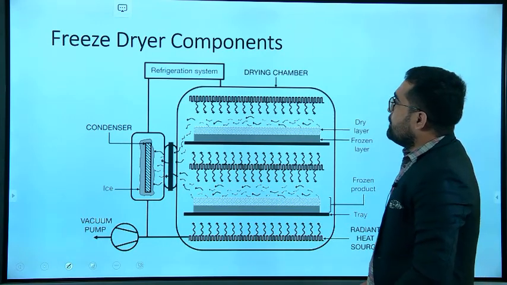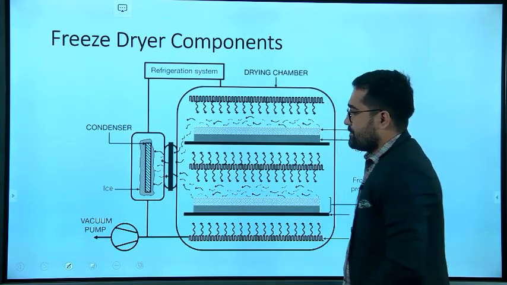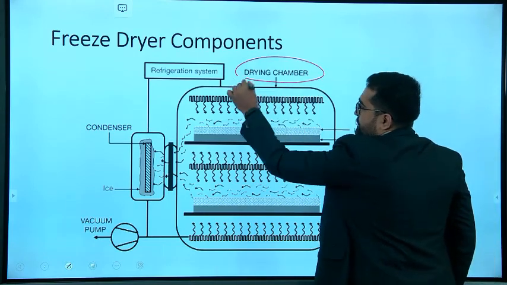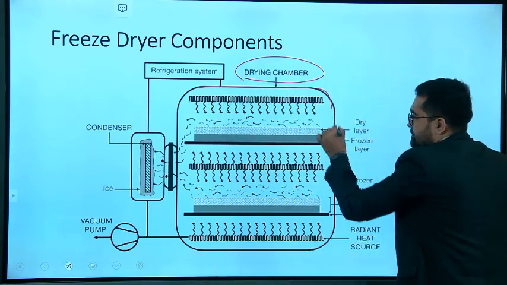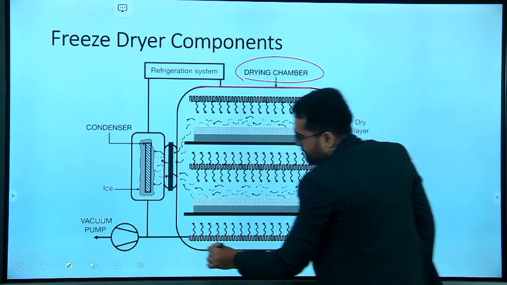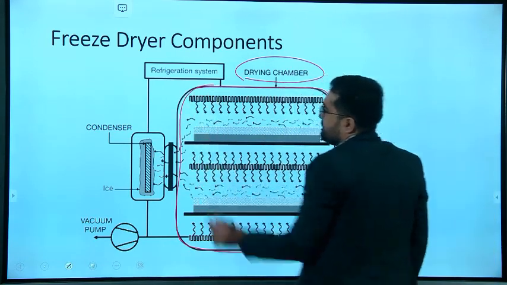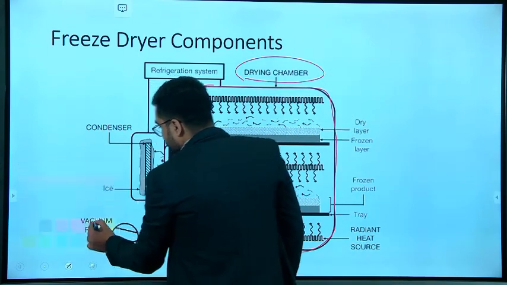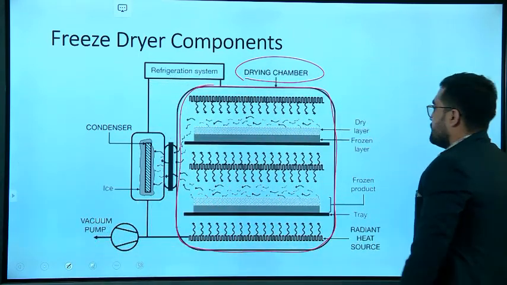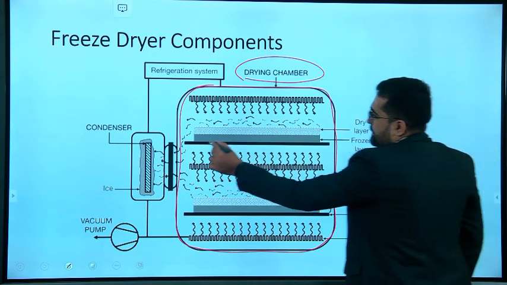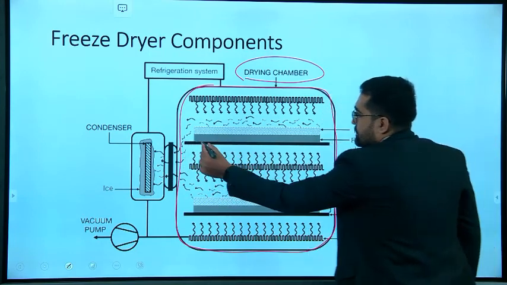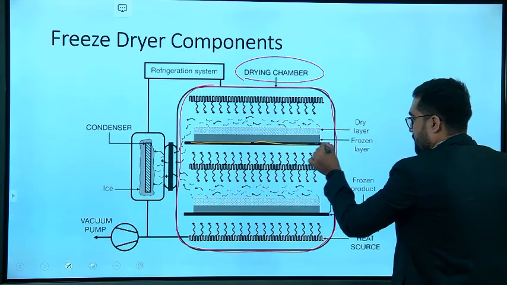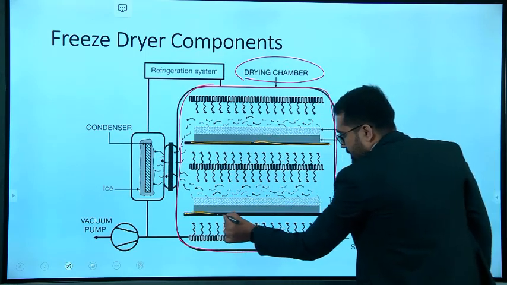Okay, the components of freeze dryers are, the first is the drying chamber. So this is the drying chamber. Inside the drying chamber we have trays. So these are the trays, one tray and second tray.